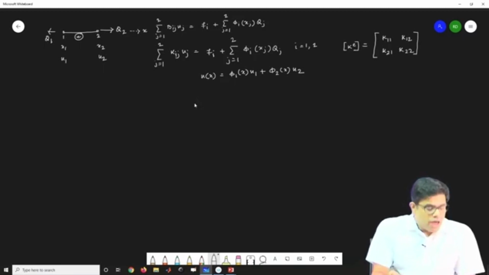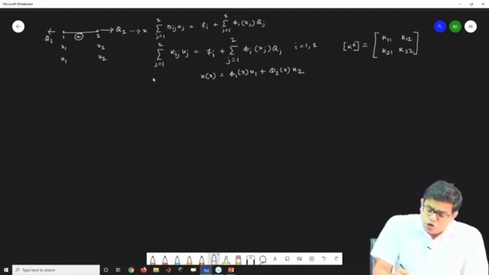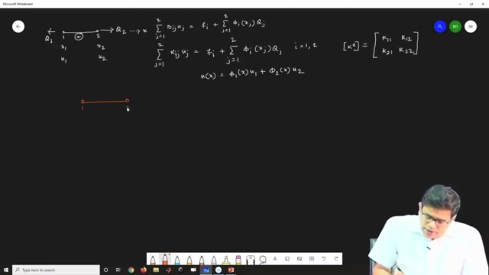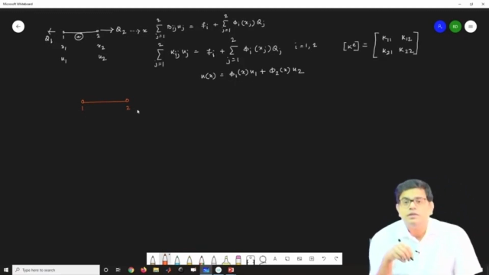Before we do any of this calculation, let us consider a simple 2-node element. What does the shape function mean? It means how the field variable u, which is the axial displacement, varies within the element.